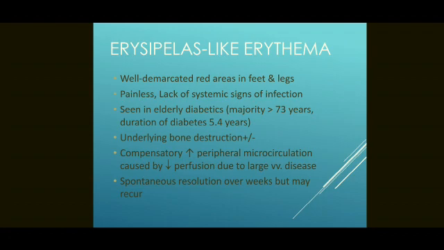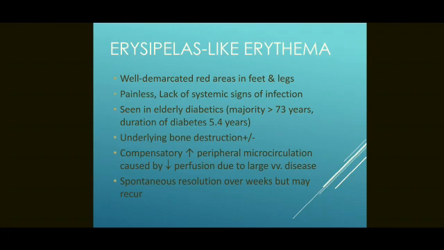Erysipelas-like erythema presents as well demarcated red areas on the feet and legs. It's painless and doesn't have any systemic signs of infection. It's usually seen in elderly diabetics where the duration of diabetes is more than 5 years. It can have underlying bone destruction.